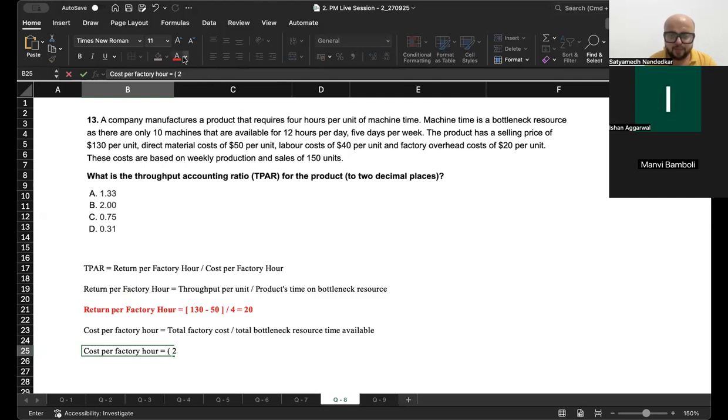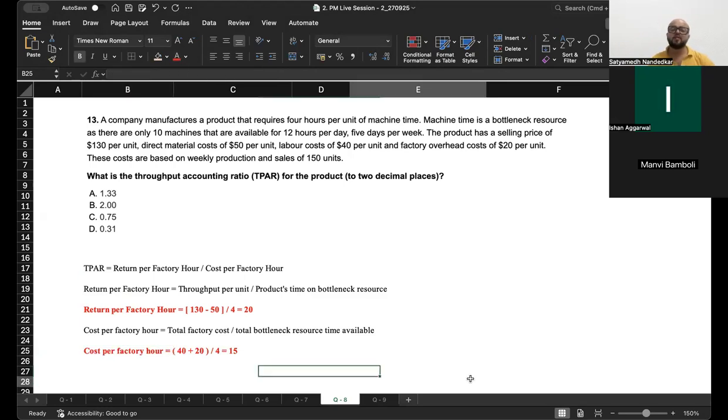So 40 per unit plus 20 per unit. This is per unit. Okay, and one unit takes how much time? It takes 4 hours, है ना? So 60 upon 4, 15 will be the cost per factory hour.